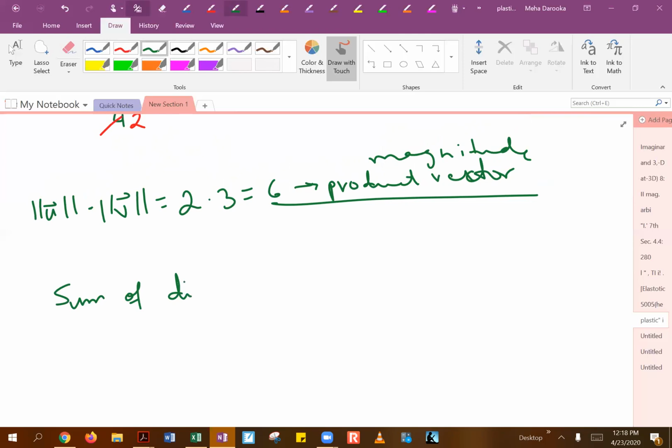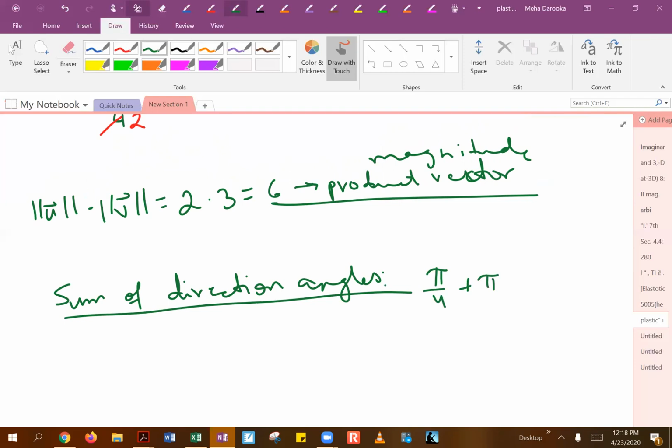This is the sum of the direction angles, which of course adds up, with a common denominator of 4, to 2 pi over 4. And what is that simplifying to? Pi halves. Yeah, very good.